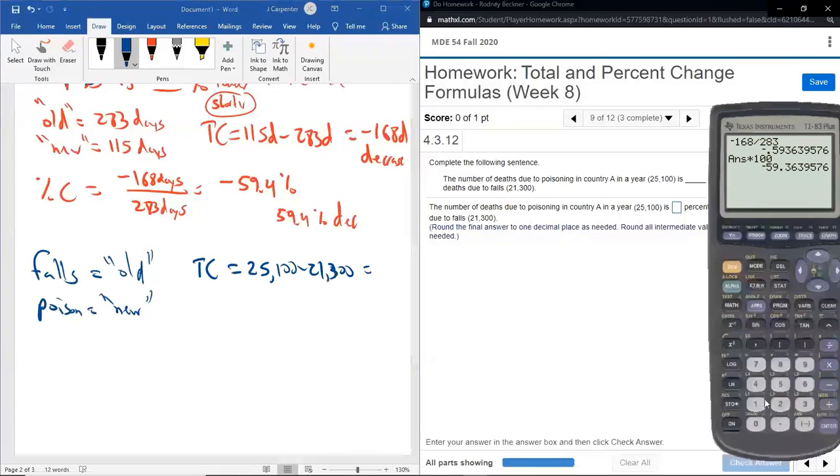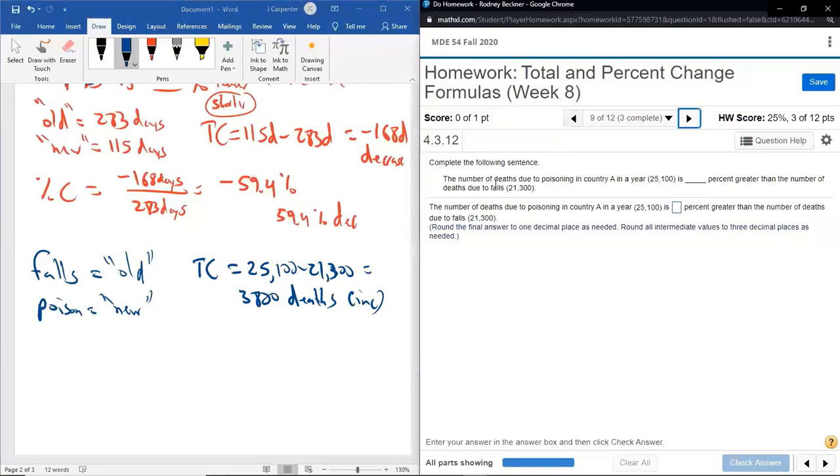You don't trust me. 25,100 minus 21,300, 3,800. And of course, units, these would be deaths. And that's positive, so it's an increase. So there were more deaths from poisoning than falls. And that makes sense because they talk about this being a percent greater than, and the falls is lower than the poisoning. So everything does flow together very well.